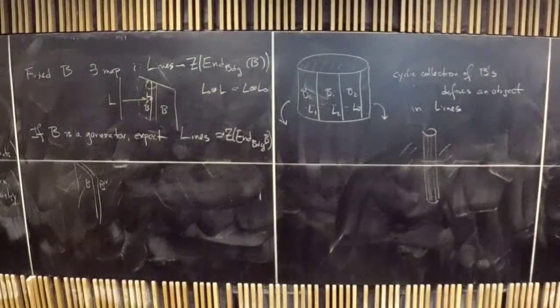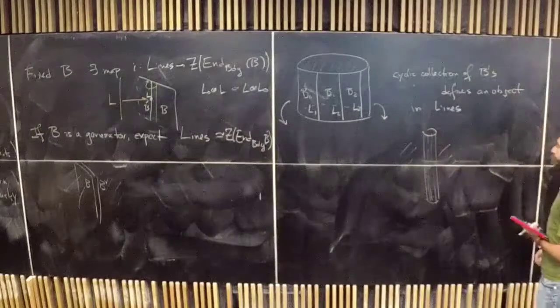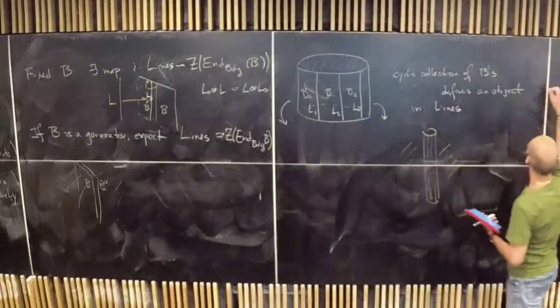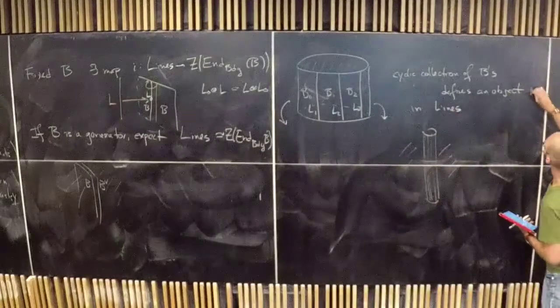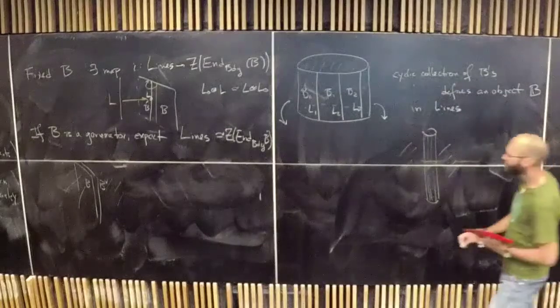And then one can pull this picture apart and say exactly what are the HOMs between this and every other line. I don't know what to call this object. Maybe vol B.